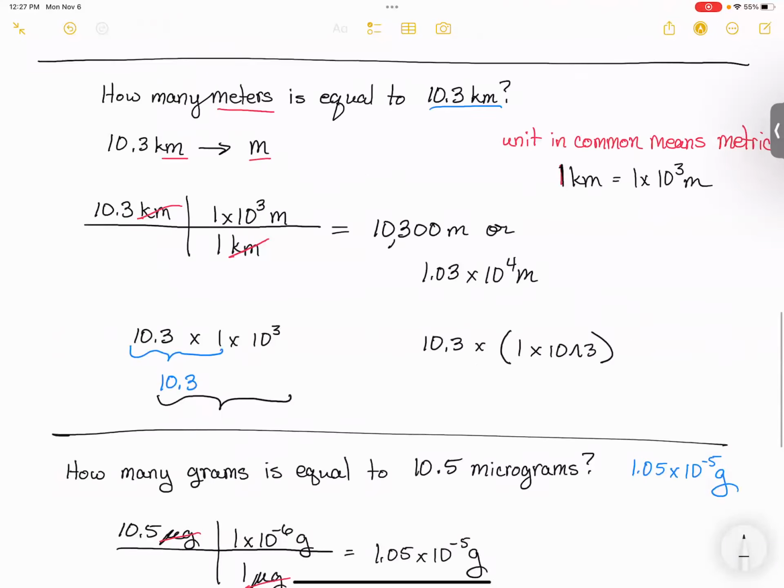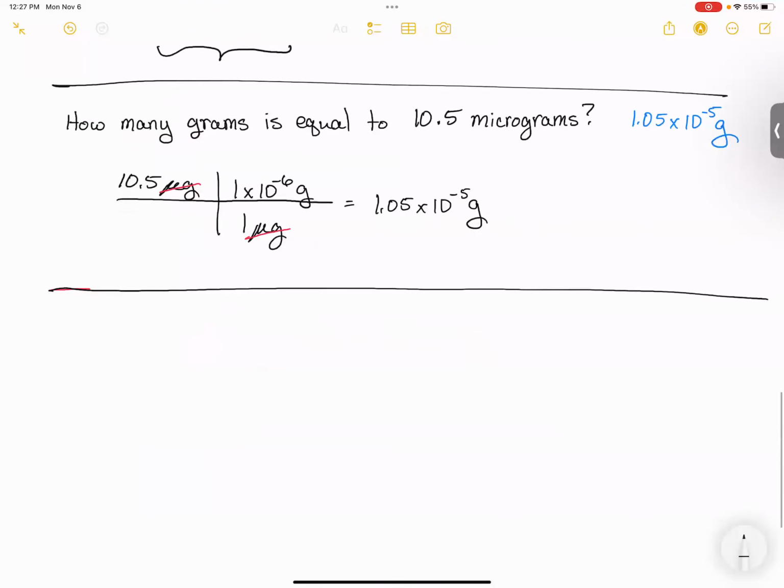Okay, so that was one-step conversions. Now we're going to get to two-step conversions.